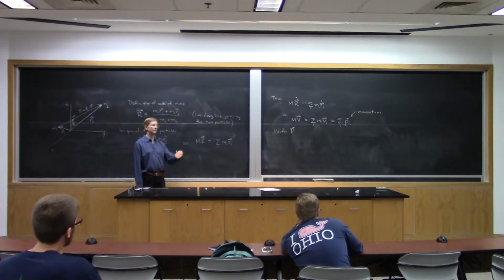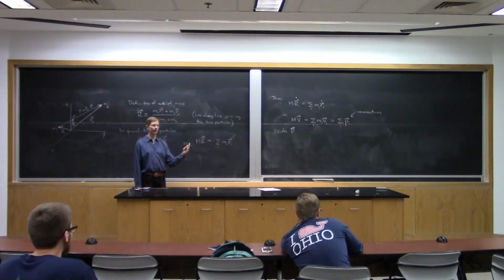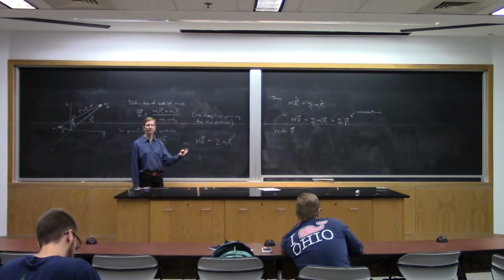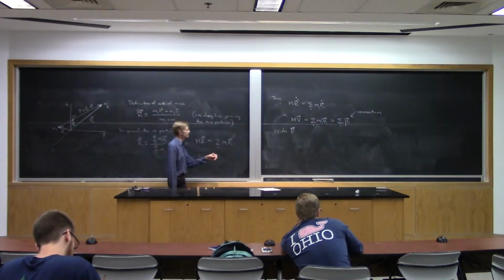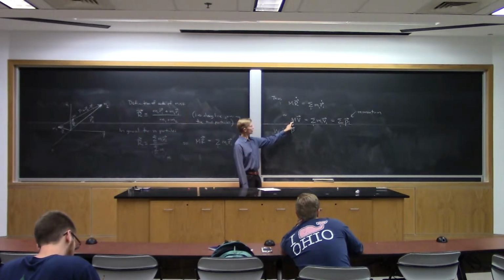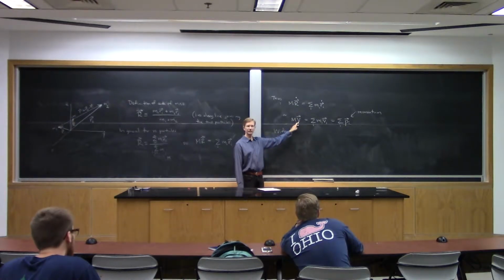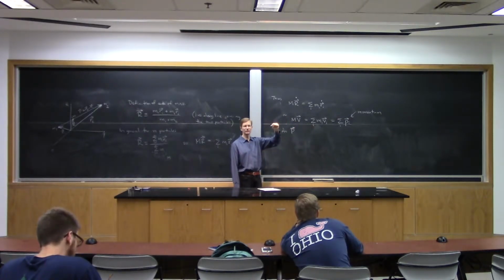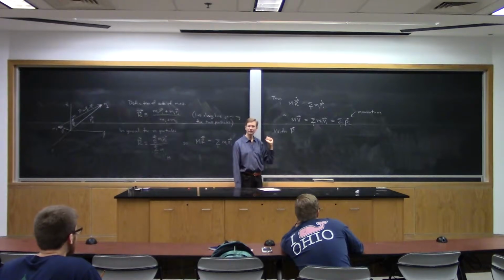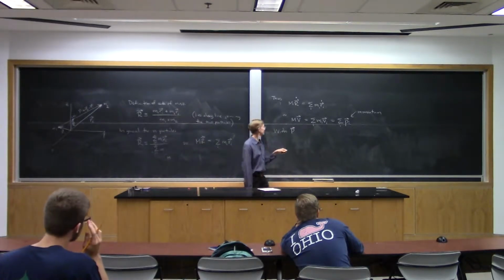The sum of the momentum of all the particles would be the total momentum of the system. And notice that's just the total mass times the velocity of the center of mass. So the system as a whole has a momentum that would be the same as a particle with the mass of the whole system moving with the velocity of the center of mass.